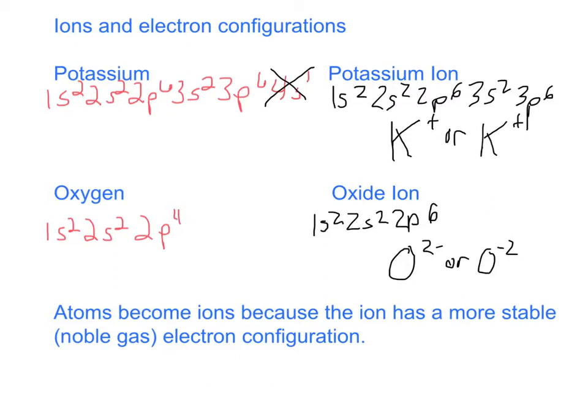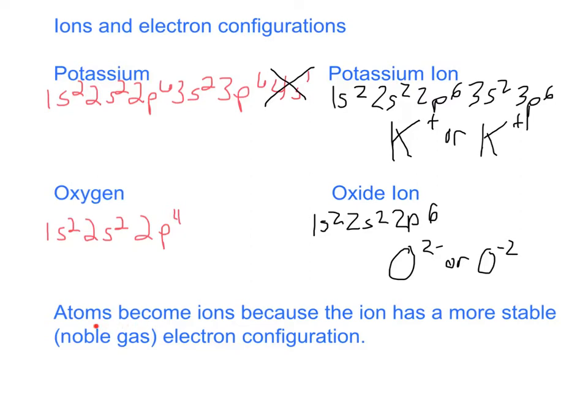A big point to point out here is at the bottom. It says ions form the way they do because they want to get to a more stable noble gas electron configuration. That's kind of the theme throughout. The noble gases have the most stable of all electron configurations.